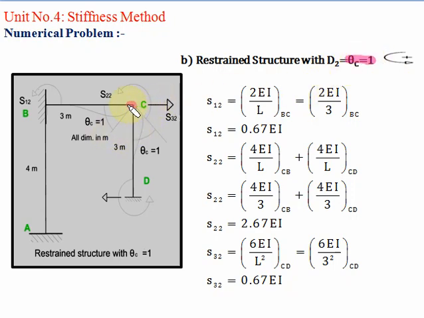That means here we apply the unit rotation in anti-clockwise direction. We found the value of S12, that is 0.67, then S22, and S32 is this, the sway. So these are the values of S12, S22 and S32.